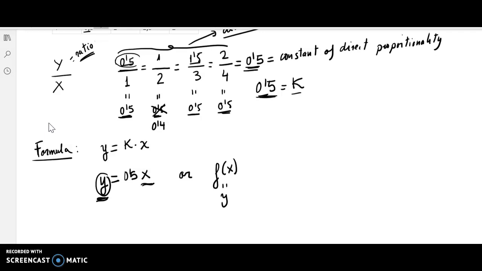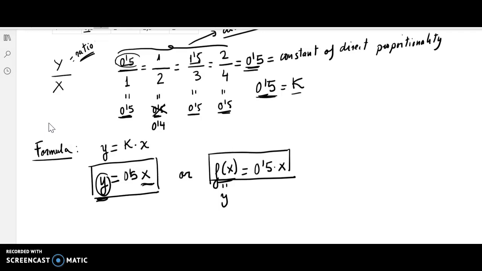This is the y also, and it means that this function equals 0.5 times x. So there are two ways of writing a formula: with the letter y or with the letter f and x in brackets. The f means function.